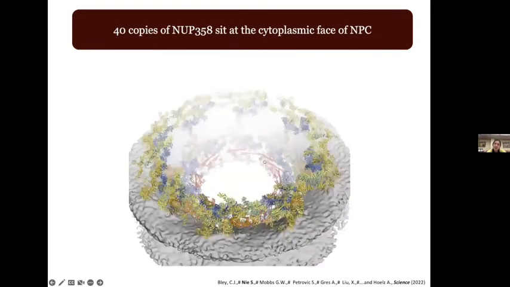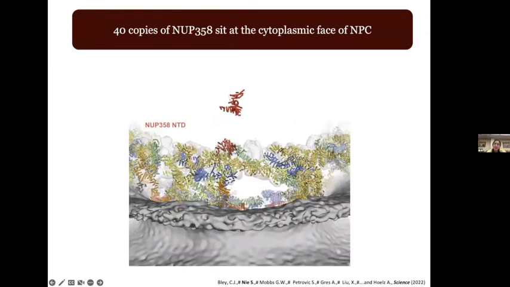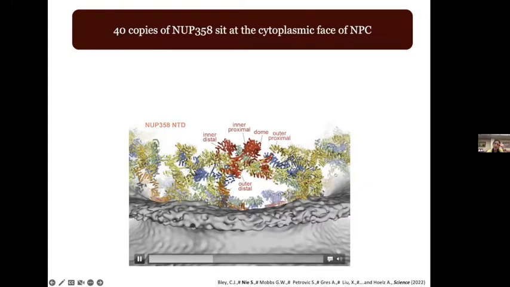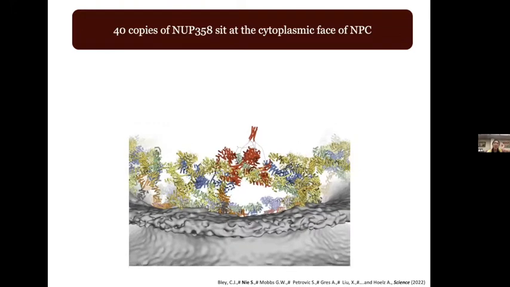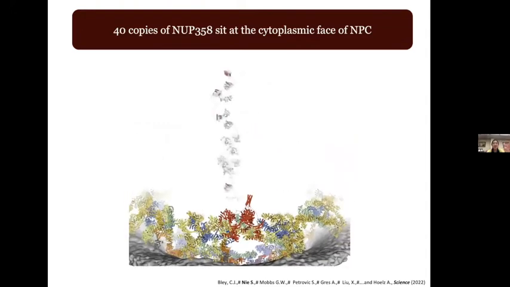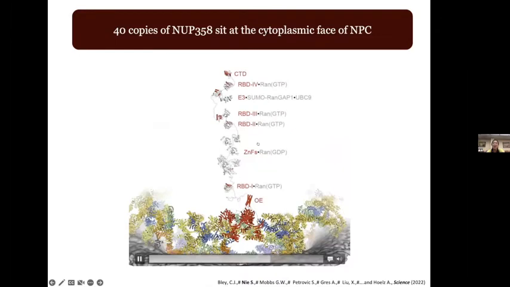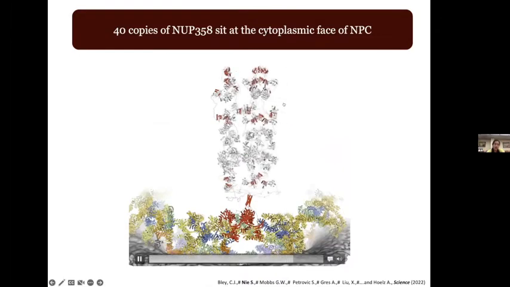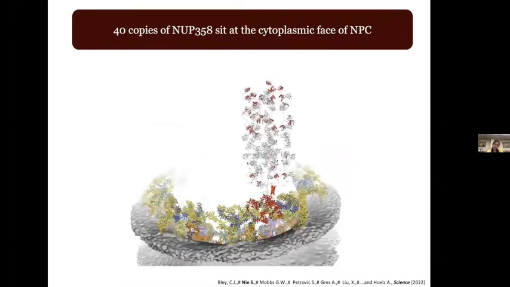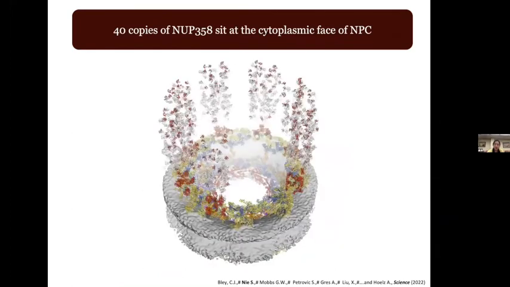There are 5 copies interfacing with the cytoplasmic nuclear pore rings, introduced by these oligomeric states. 358 can form a bundle projecting into the cytoplasm, providing binding sites for Ran GDP and also for other cargoes.